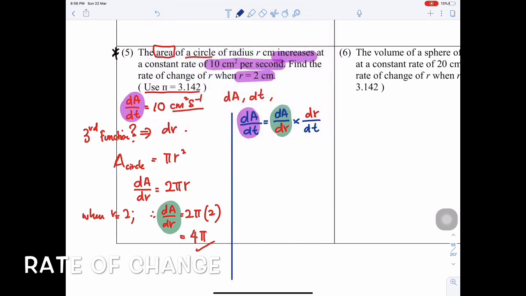Substitute the values: dA/dt equals 10, dA/dr is 4 pi, times dr/dt. We want to find the rate of change of r, so dr/dt means the rate of change of r.